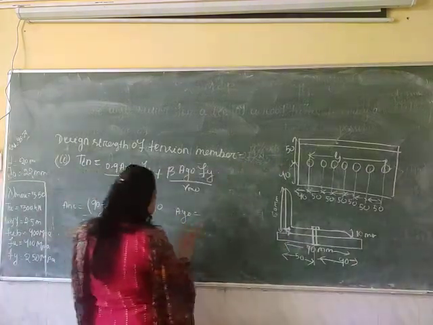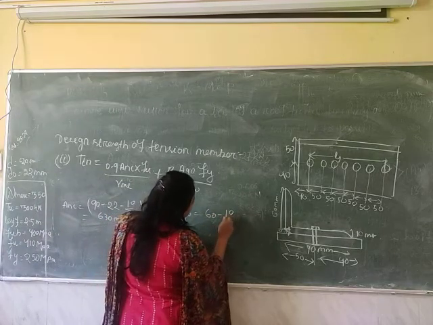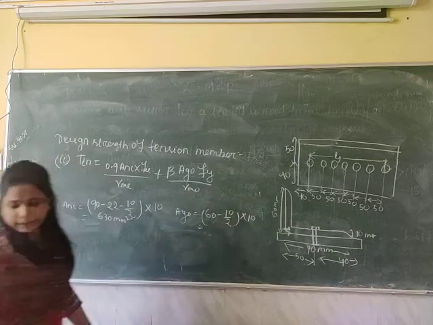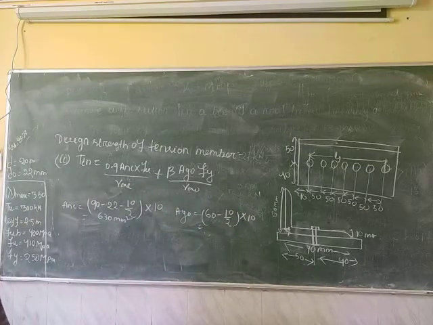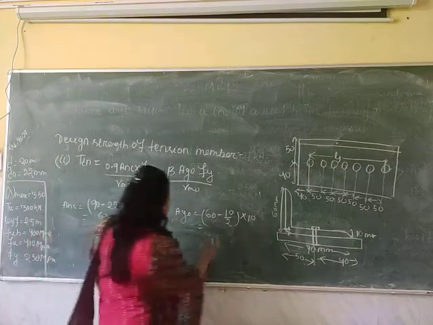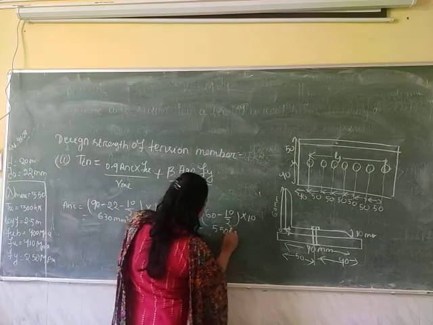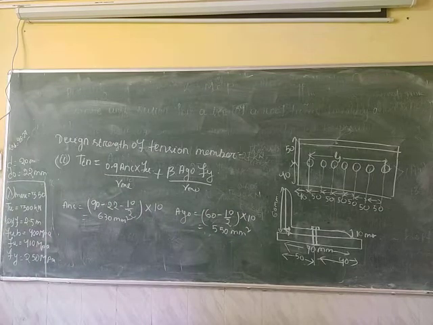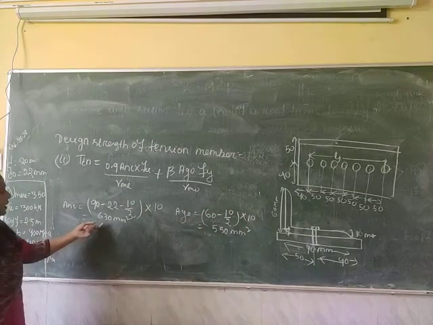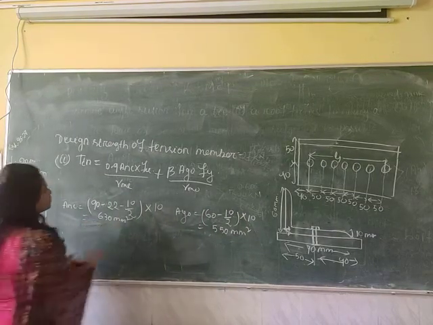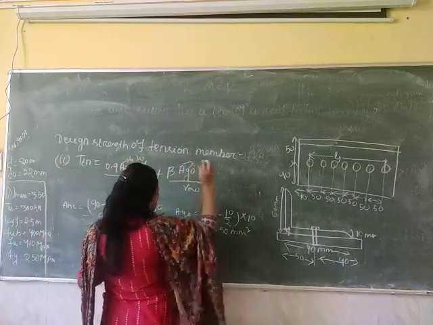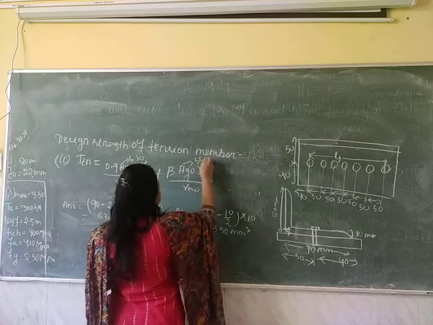This thickness is 10 mm, so 60 minus 10 by 2, into 10. That is 550 mm square. So Anc is 630 mm square and this is 550 that we have calculated.